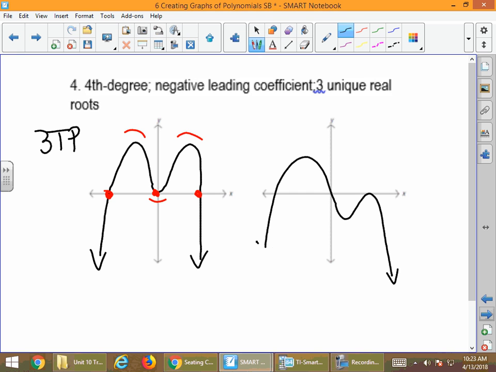You might have something like this. Again, we should always look, check, but we've got 1, 2, 3 turning points. We finished going towards negative infinity, and we have 1, 2, 3 unique roots.